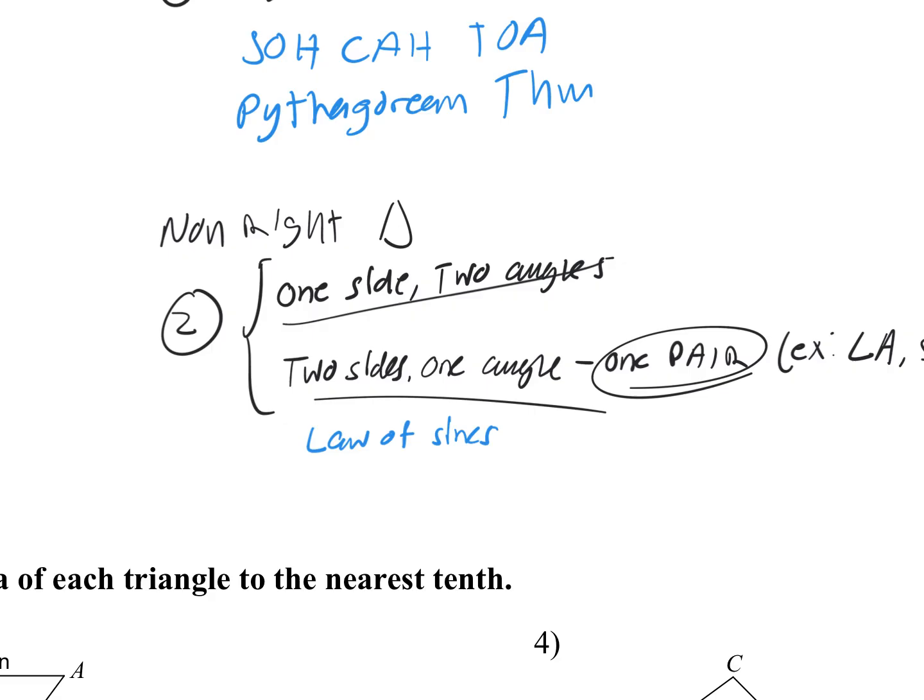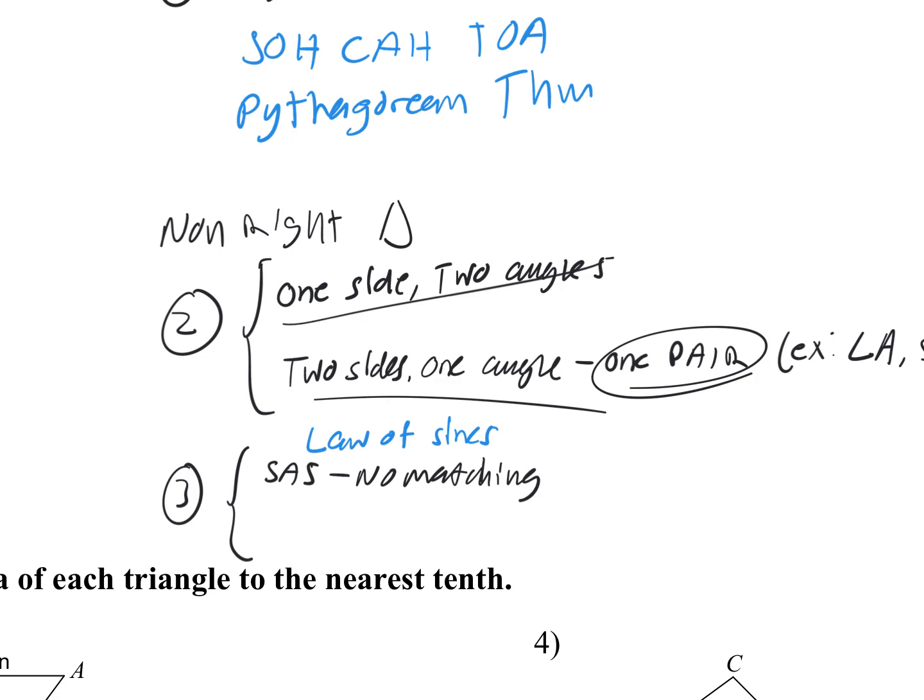The other non-right triangle cases that you're going to see are if you have a side angle side, so you have two sides and one angle, but you have no matching pair, meaning that the angle that we give you isn't corresponding to either side that we give you.